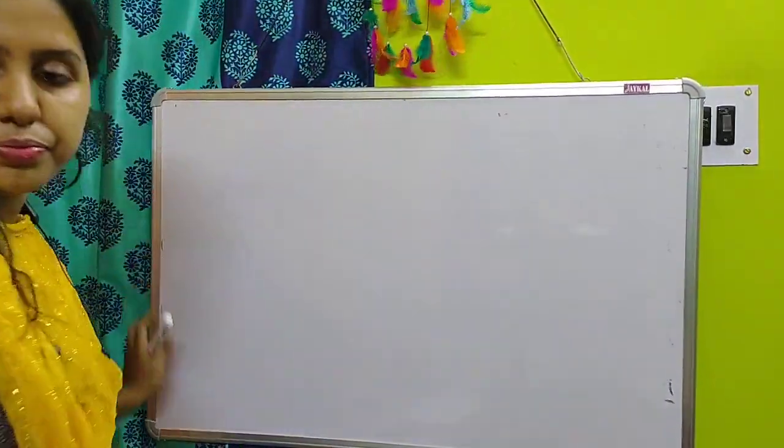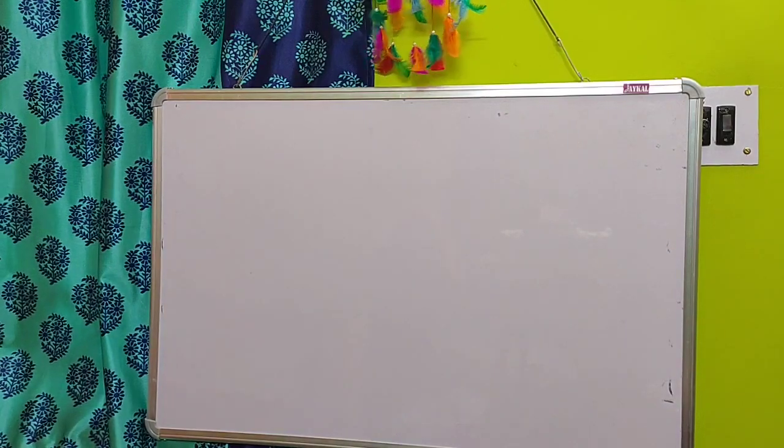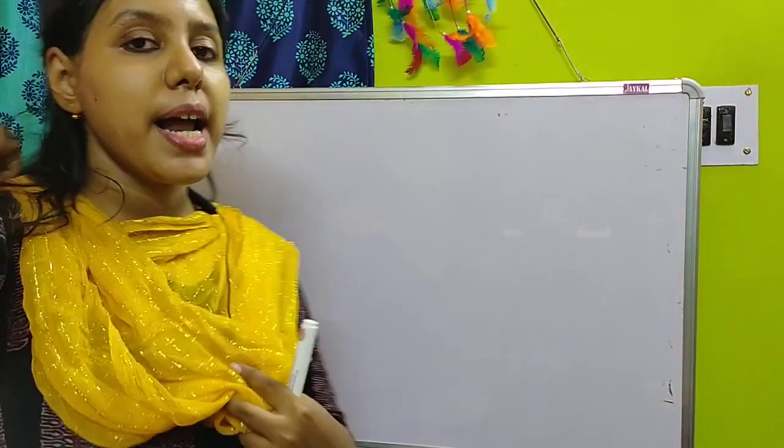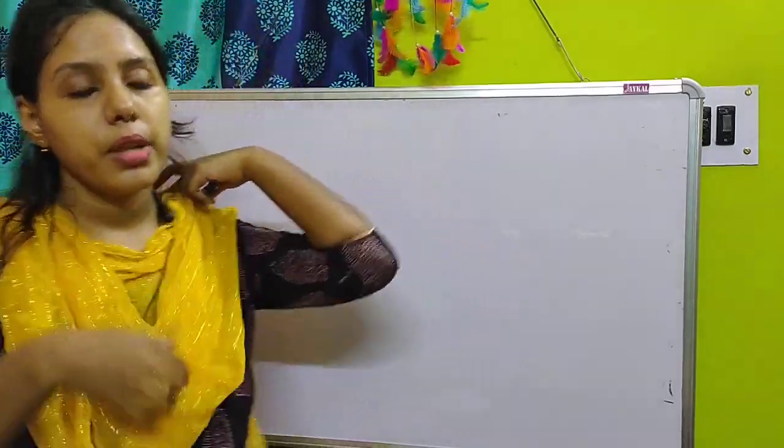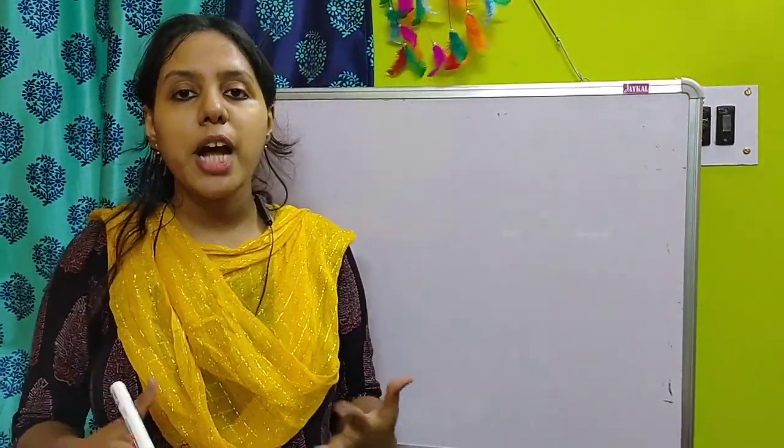Next topic is vulcanization. So what is vulcanization? If we want to convert thermoplastics into thermosetting plastic, because thermosetting plastics are more stable and have more strength than thermoplastics, then we should go through vulcanization.